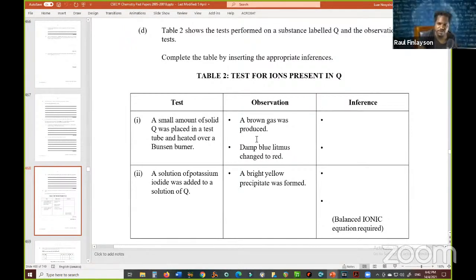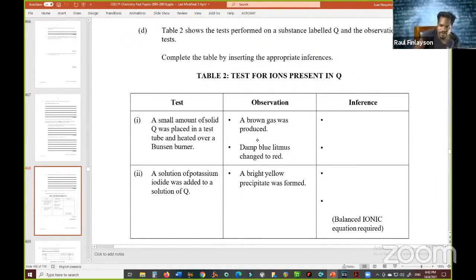Complete the table by inserting the appropriate inferences. A small amount of solid Q was placed in a test tube and heated over a Bunsen burner. They didn't tell you anything about the color. Just say it's solid, and they put it over a Bunsen burner to heat. Observation: brown gas evolved.